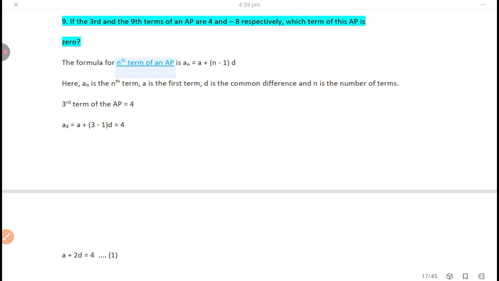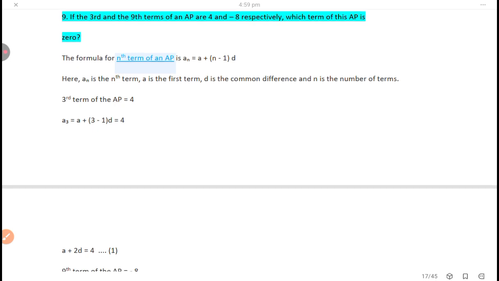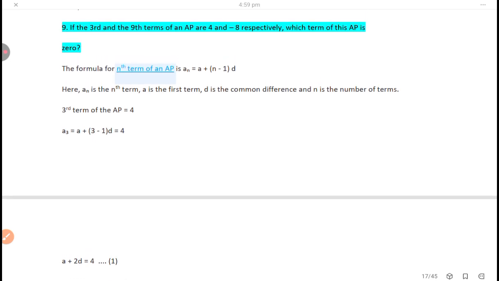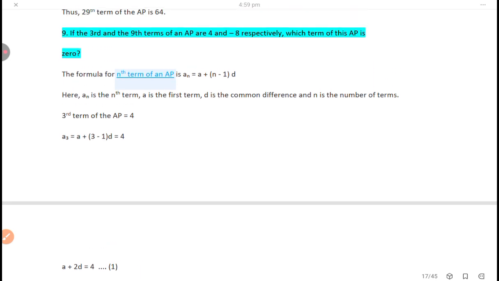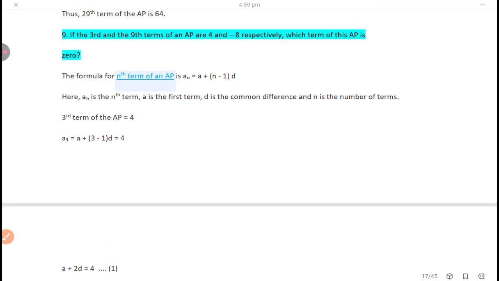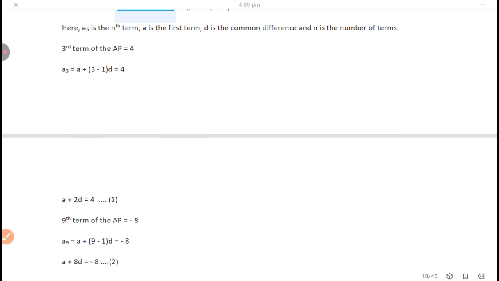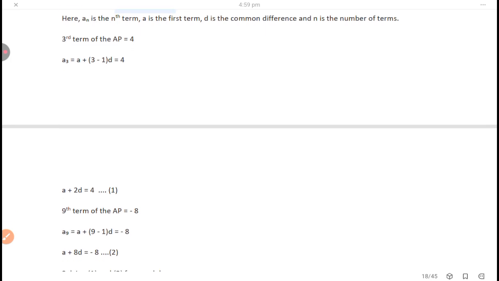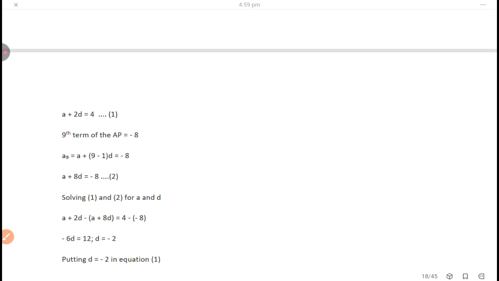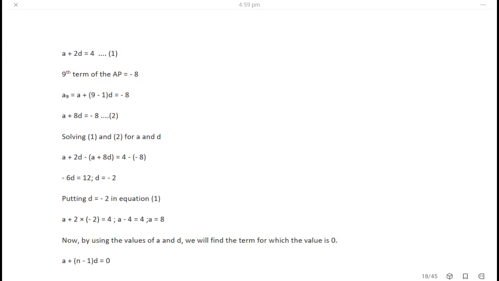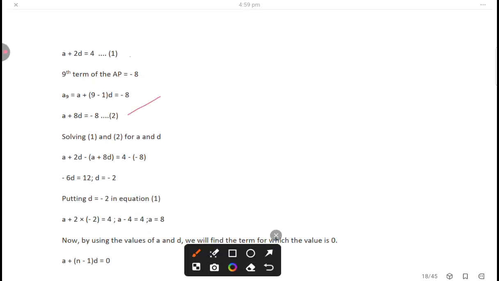So with the given equation, A3 is equal to a plus 2d equal to 4 and A9 equal to a plus 8d. So solving these two equations 1 and 2 will get the d.